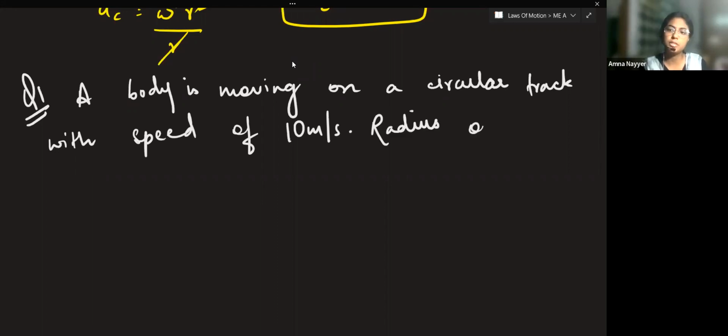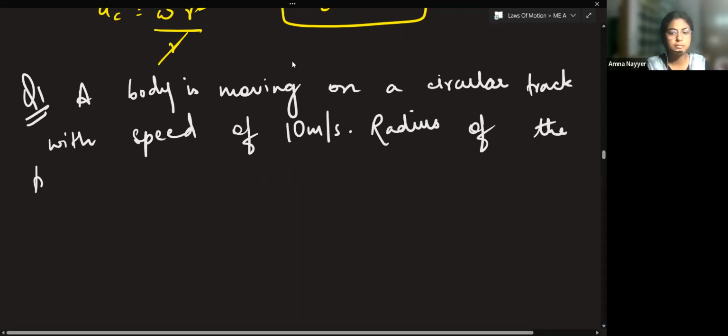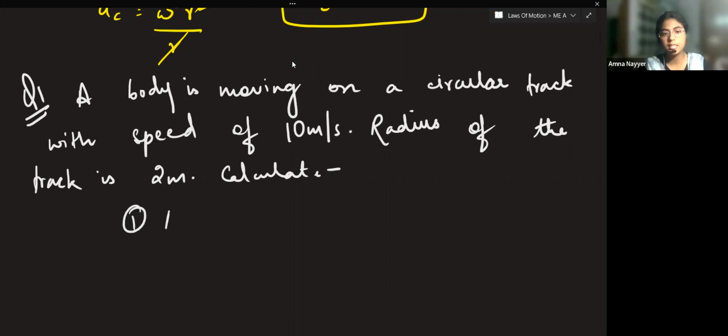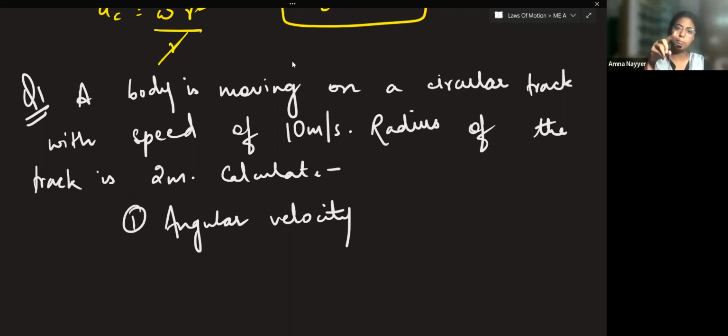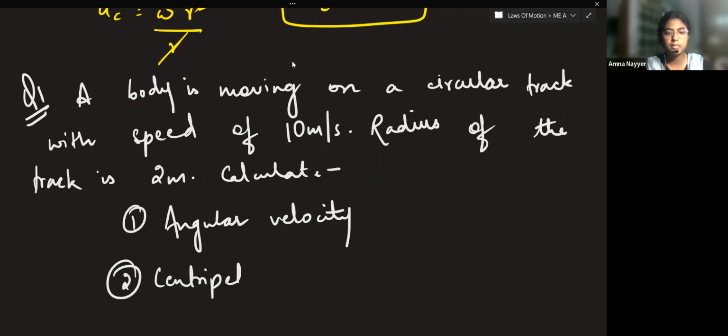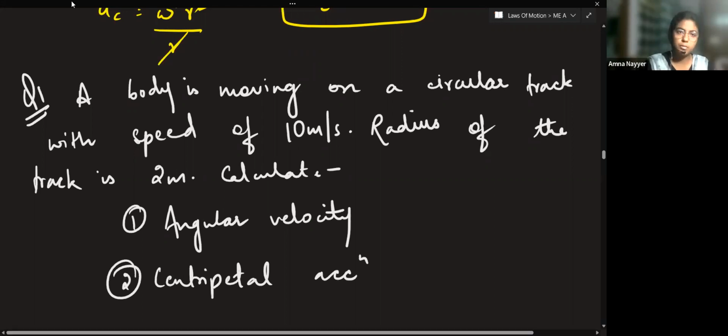The radius of the track is 2 meters. If you are asked to calculate, one is angular velocity. Angular velocity is what? Omega. Omega is that symbol, W, I write, that is omega. And second is centripetal acceleration. If this is a question given to you.